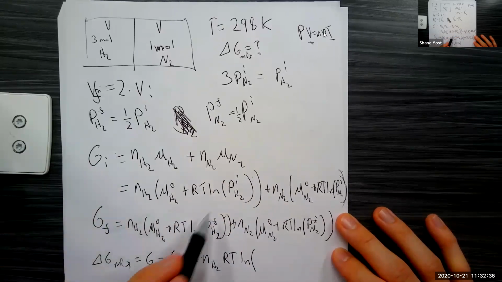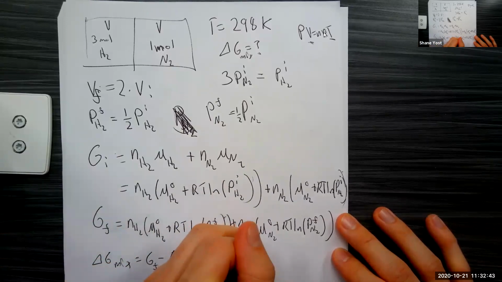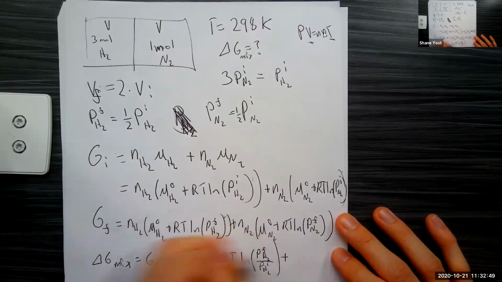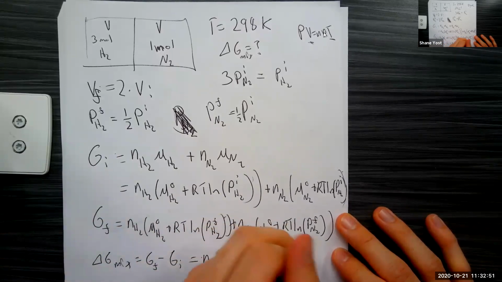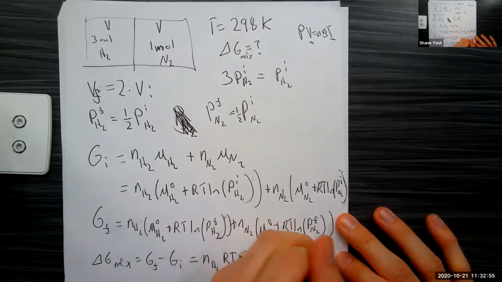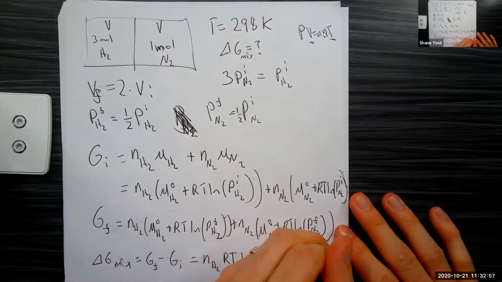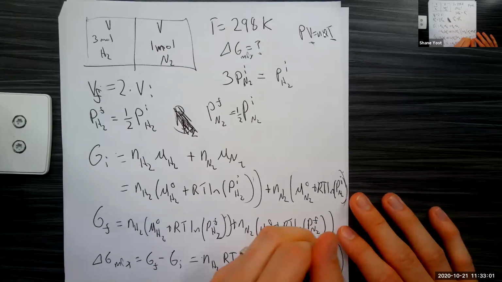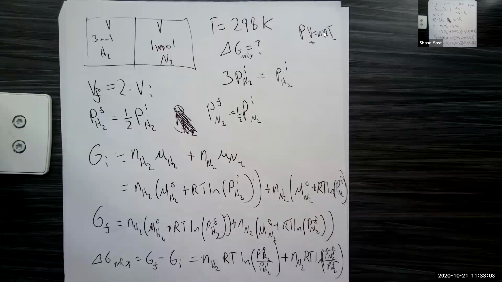what do we got here? P H2 final over P H2 initial, plus the number of moles of N2 times RT ln P N2 final over P N2 initial.